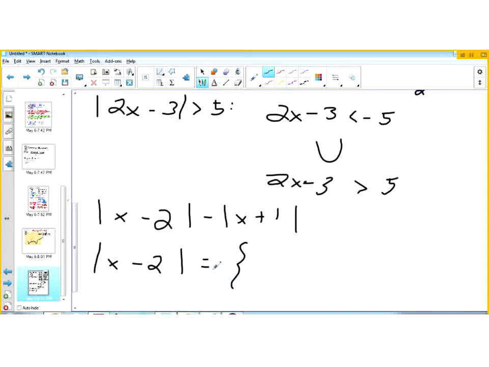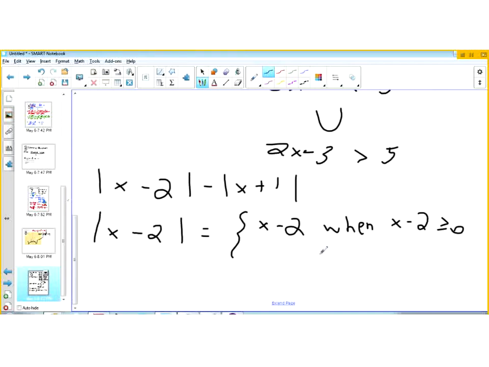So recall, the absolute value of x minus 2 is equal to x minus 2 when x minus 2 is greater than or equal to 0. All right?